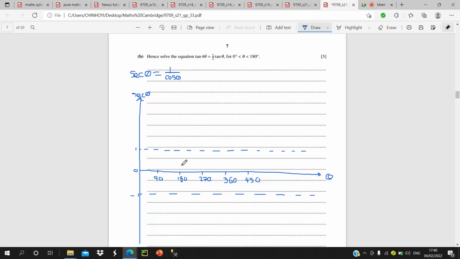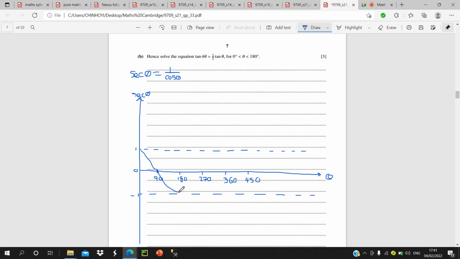Then we want to sketch the graph of cos. The graph of cos starts at 1, isn't it? Yes. We want the graph of sec, but we are sketching the graph of cos first, faintly, or maybe in dotted lines. Let me use blue here.